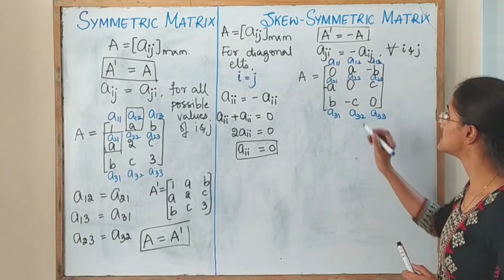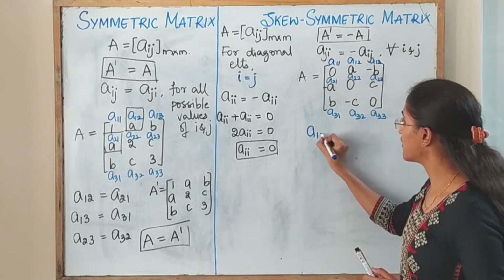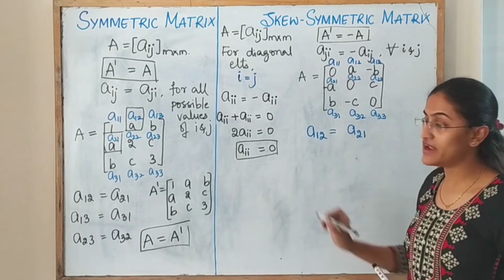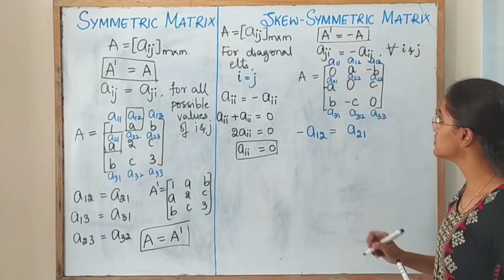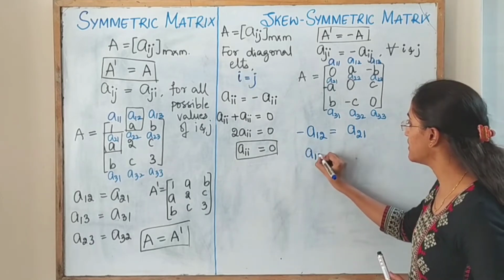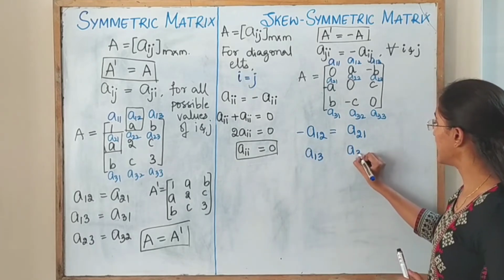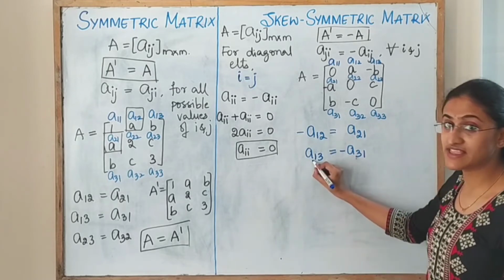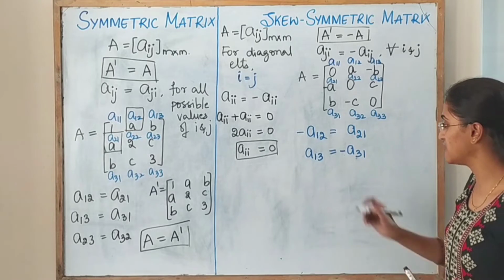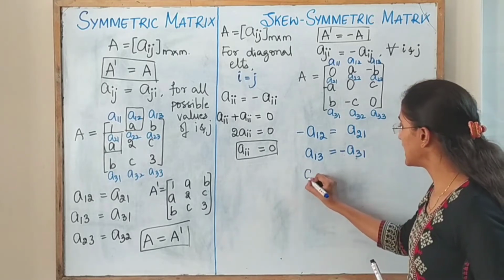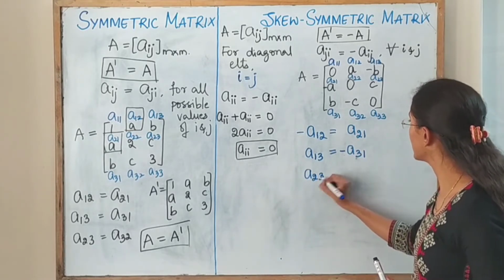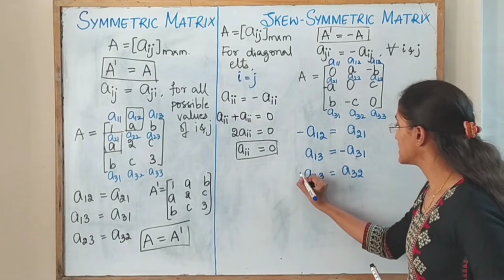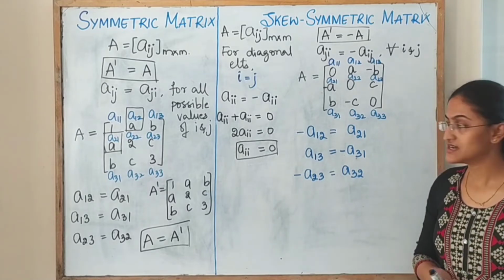Here you can notice that if I take the terms A12 and A21, A21 will be equal to negative of A12, and also if you take the two elements A13 and A31, A31 will be negative of A13, and taking the elements A23 and A32, A32 will be the negative of A23, right?